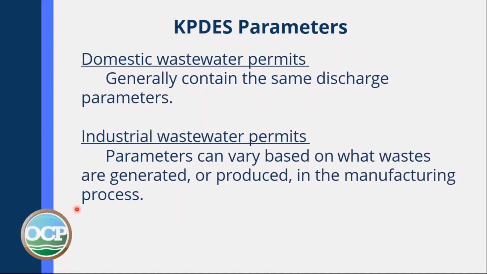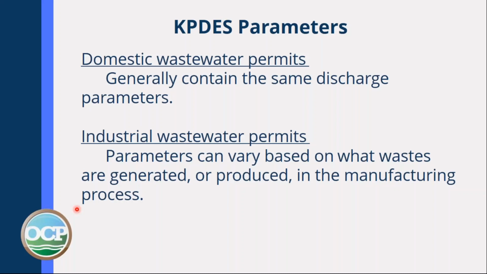So what are we looking at in a permit? What does the permit check for or control as you treat the water? So in domestic wastewater permits, you're going to pretty much look at everything that's very similar because what goes down the toilet and the sink isn't going to change dramatically from one part of the state to the other.